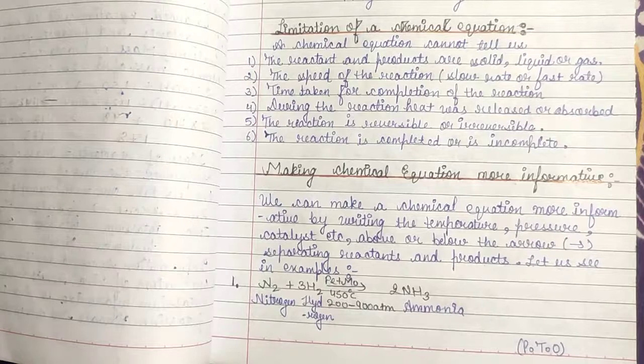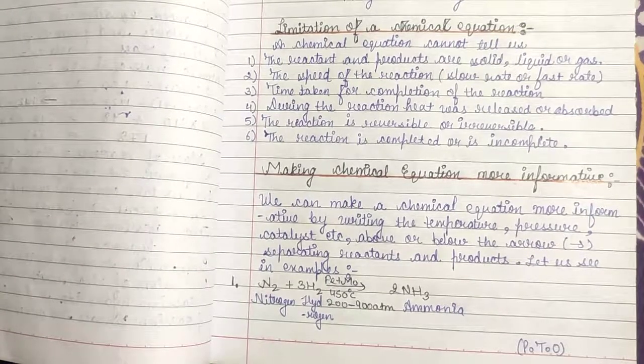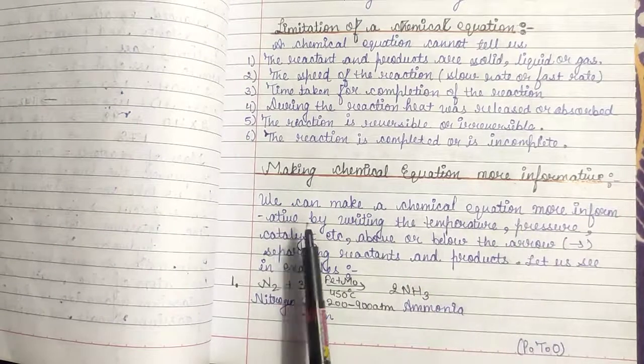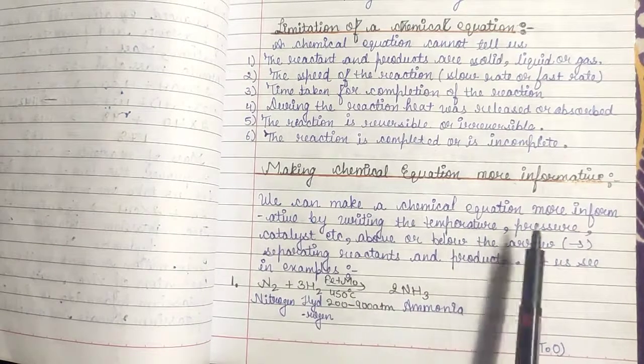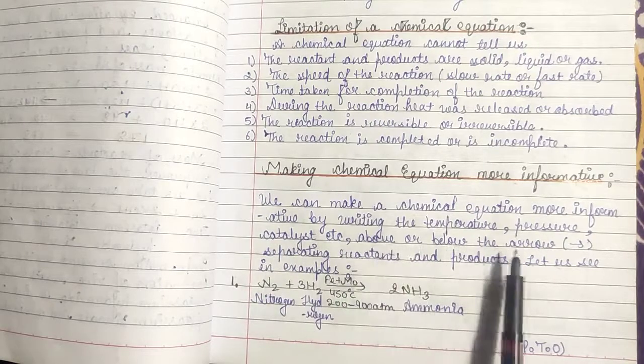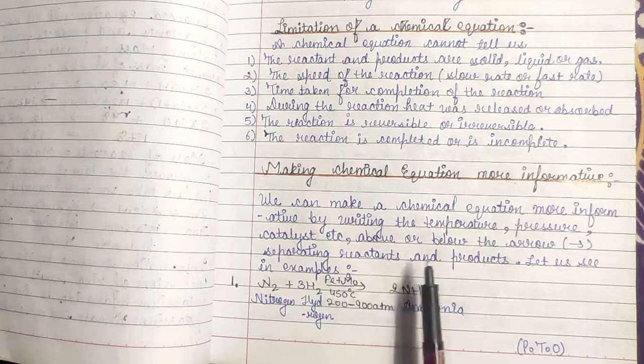Now we will discuss making a chemical equation more informative. We can make a chemical equation more informative by writing the temperature, pressure, catalyst, etc. above or below the arrow separating reactants and products.